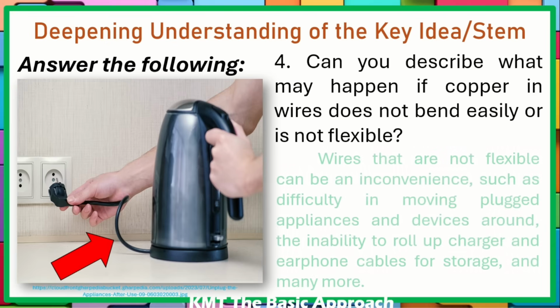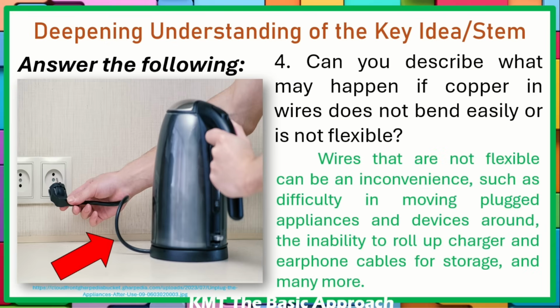Good job! Wires that are not flexible can be an inconvenience, such as difficulty in moving plug appliances and devices around, the inability to roll up charger and earphone cables for storage, and many more.